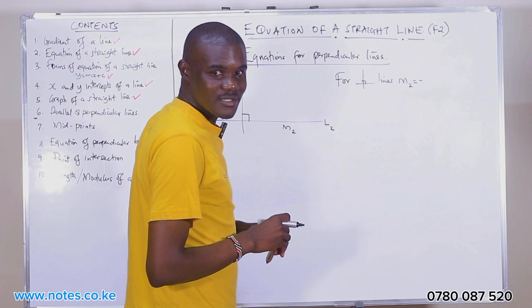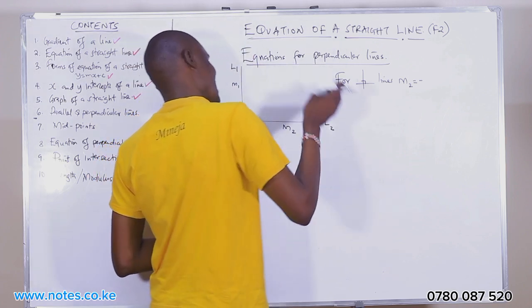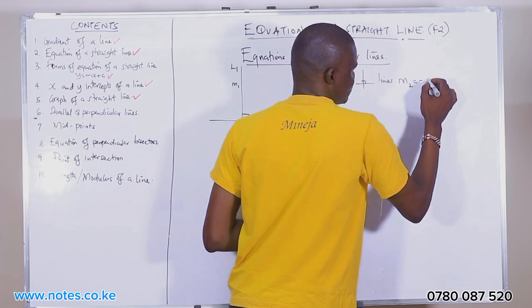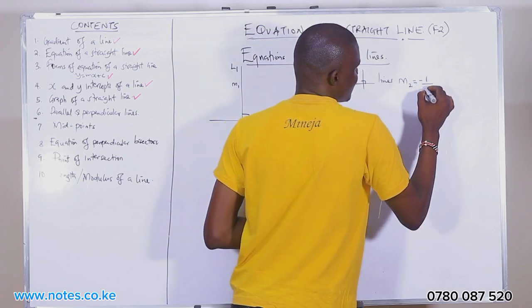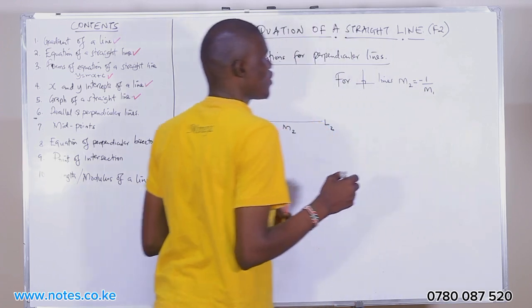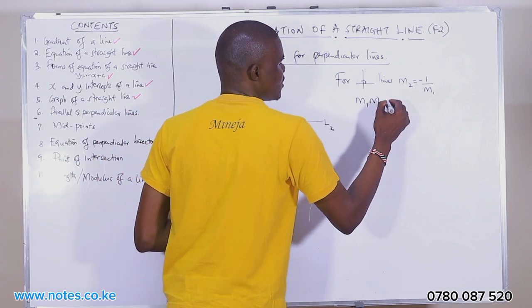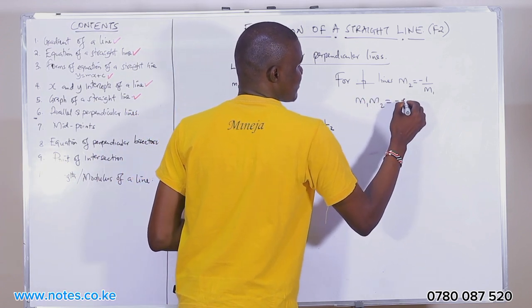That is the toughest part to understand. That M2 is equal to the negative reciprocal of M1. What do I say? Is that the product of M1 and M2 is equivalent to negative 1.